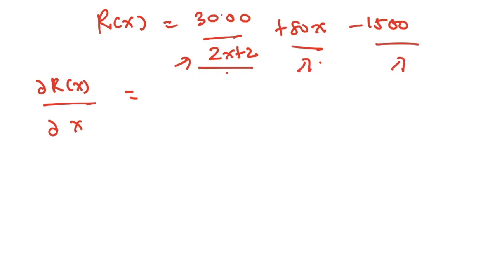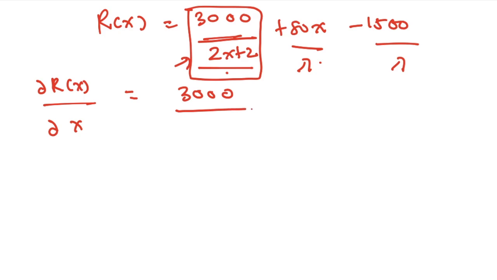Okay, if you see this, 3000 is a constant. On the denominator, we have x. Alright, so basically, how do we differentiate it? It becomes 3000 divided by 2x plus 2. Initially, it was the power of 1, isn't it?